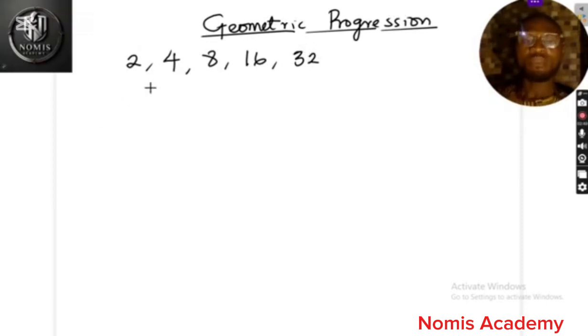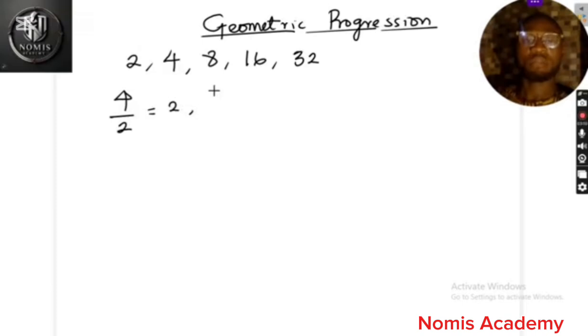Now, in geometric progression, the difference between this and this is multiplication by 2, and if you check this one too, it's multiplication by 2. So here the difference is 4 divided by 2, because we know it is multiplied by 2, so we definitely have 2.